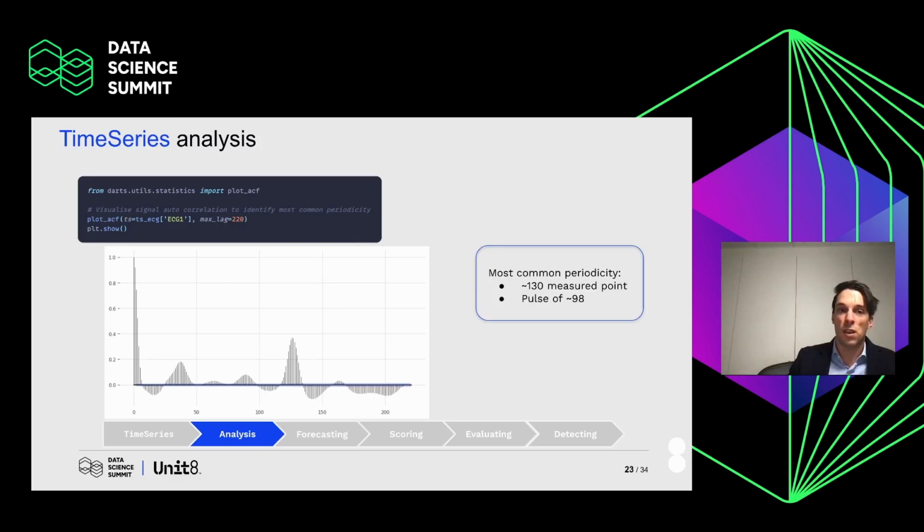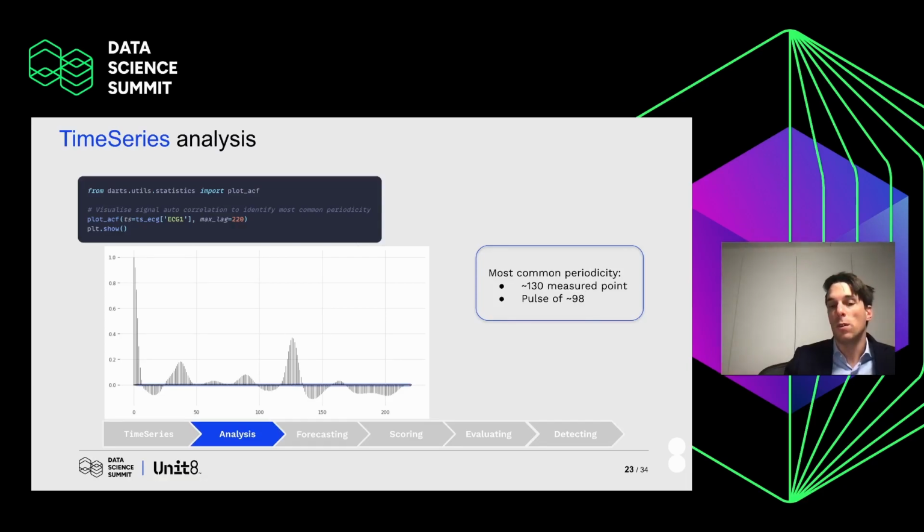To do so, we can use autocorrelation of the signal with itself, and with these two lines of code, we automatically get the most dominant peak at around 130 data points apart. Knowing that the frequency used to record this ECG signal is 128 Hz, we can calculate that this patient had roughly a 98 pulse over the course of recording.